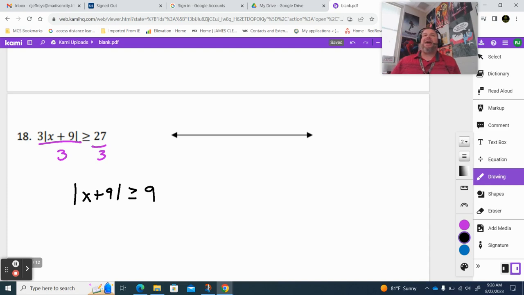Now, that might be something very good to write on your orange sheet for tomorrow. On the last problem on part 5, you're going to either have to add, or subtract, or divide to get the absolute value by itself.